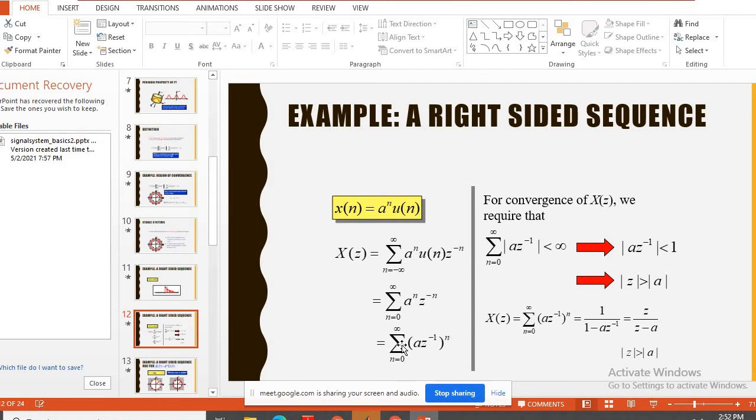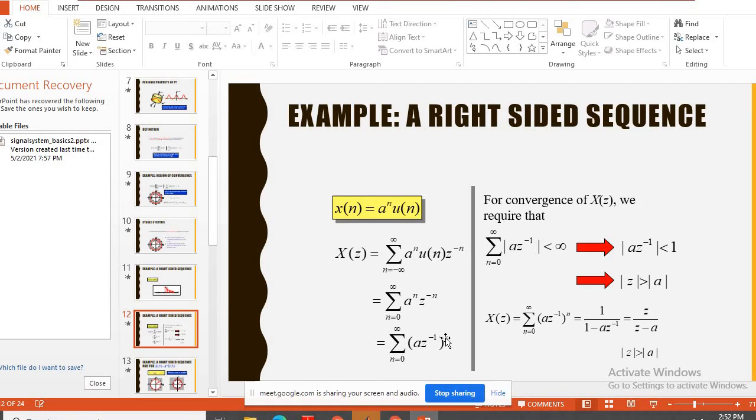Now for the sigma, we want to use a formula related to summation. Already while studying Fourier series, I gave you the list of expressions associated with integration and summation. We want to use the summation formula from there.